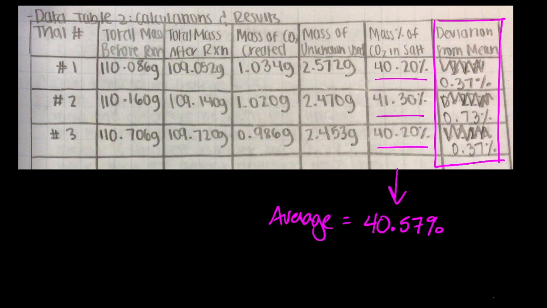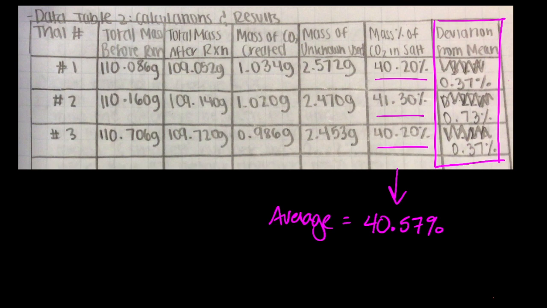So the deviation from the mean is we're going to compare each trial to the average. So for example, in trial 1, we're going to do our average, 40.57, minus the mass percent for trial 1, 40.20, and so the deviation from the mean there is 0.37%.